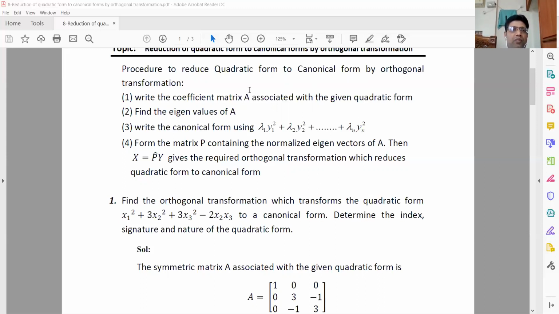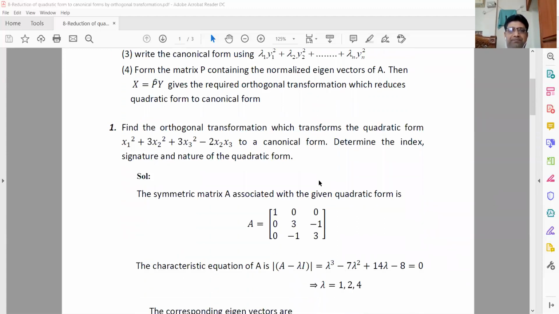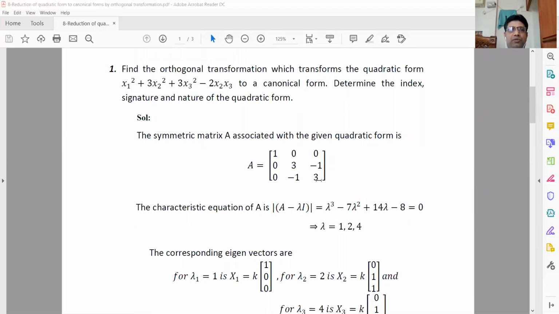We will go through this entire procedure by using one problem. If you look at this problem, what it is asking is to find the orthogonal transformation which transforms the quadratic form x1 square plus 3x2 square plus 3x3 square minus 2x2 x3 to a canonical form.